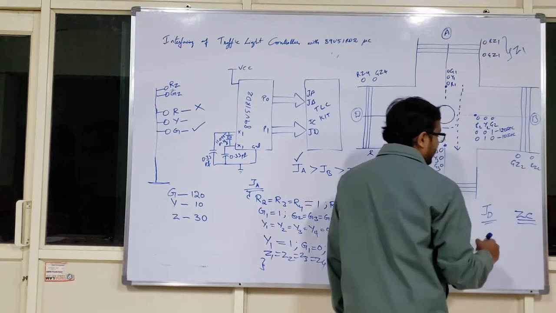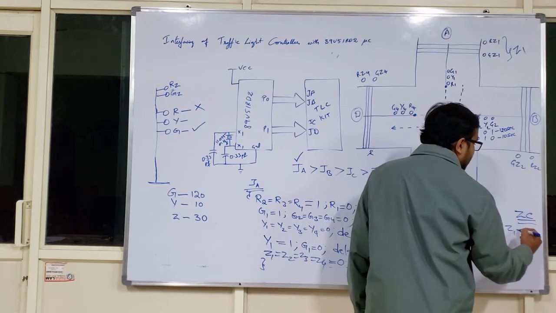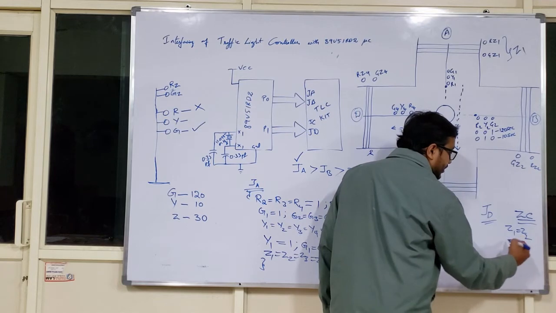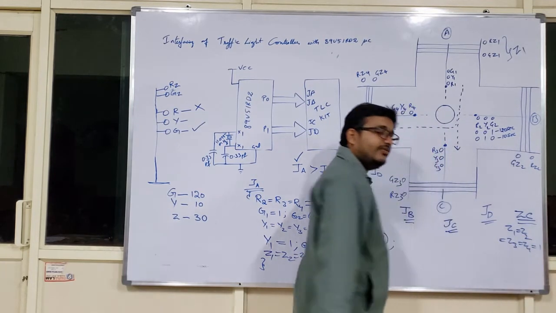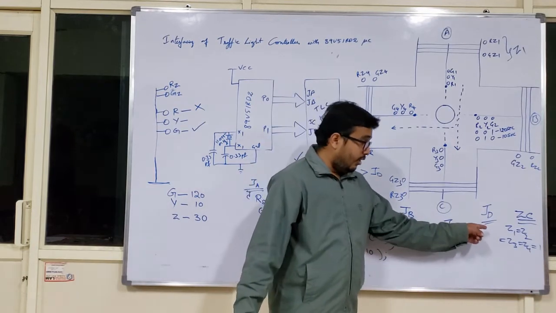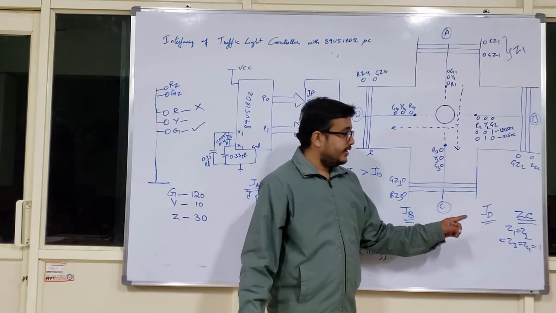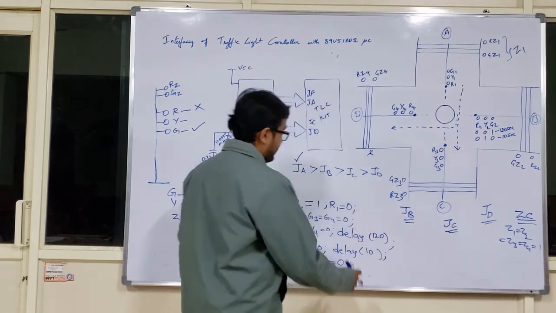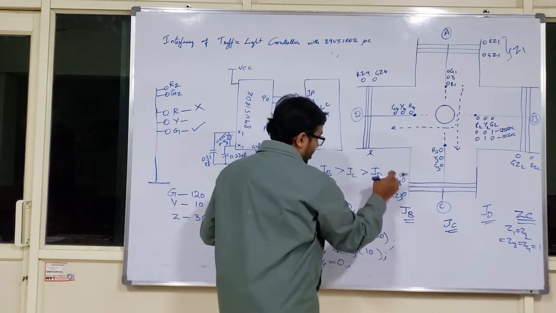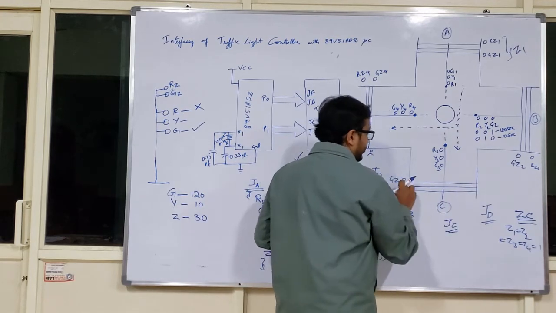This is the activity where all your Z1 equal to Z2 equal to Z3 equal to Z4 will be equal to logic 1. That means all the zebra crossing lights will be green, all the zebra crossing will be in logic 1, in the sense the pedestrians can move from here to here, or from here to here, or here to here.